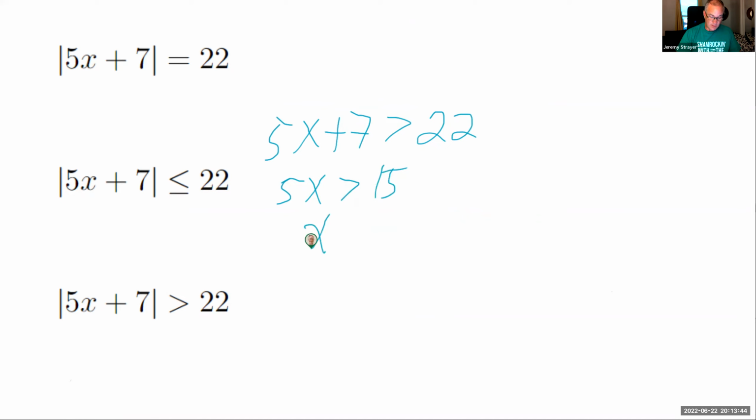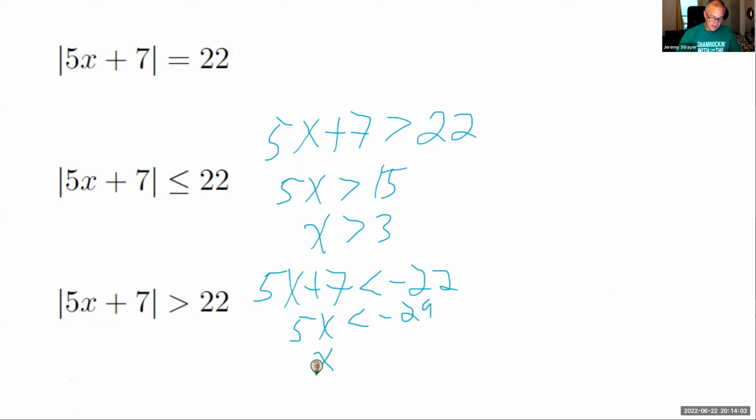So x is going to be greater than 3, or 5x plus 7 is going to be less than negative 22. And so that means 5x is going to be less than negative 29, and x is going to be less than negative 29 over 5.